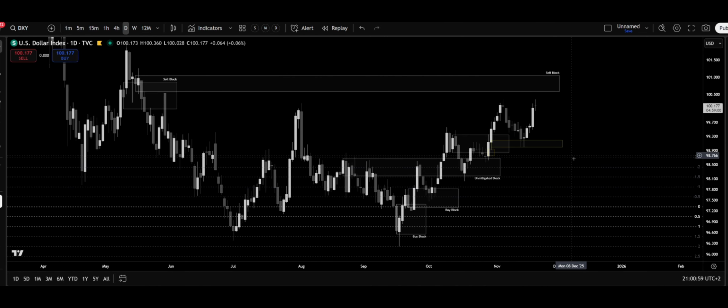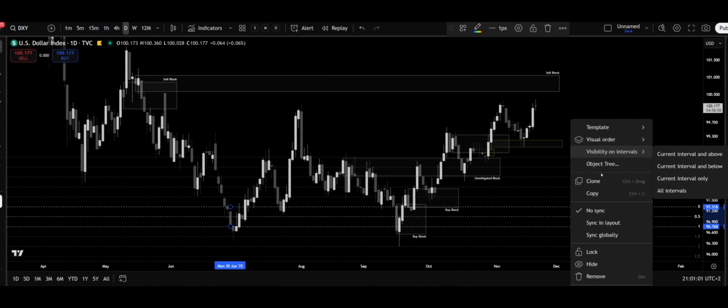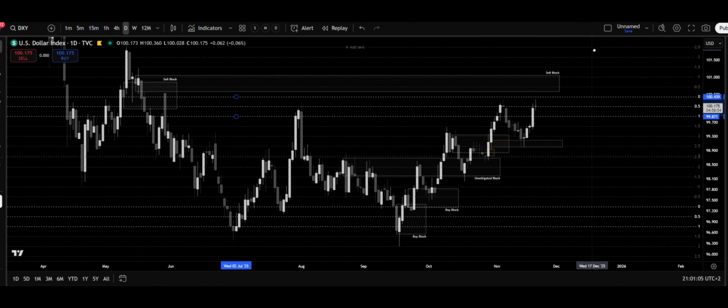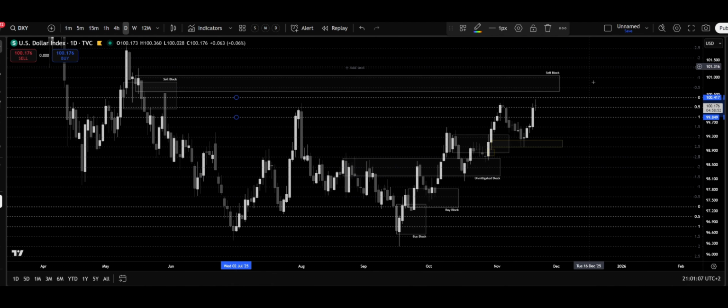But then again, it's unnecessary. Don't use it, because it causes a lot of noise and distractions. But you can pause the video and see how it perfectly fits on every single wick and close and open of a candle.